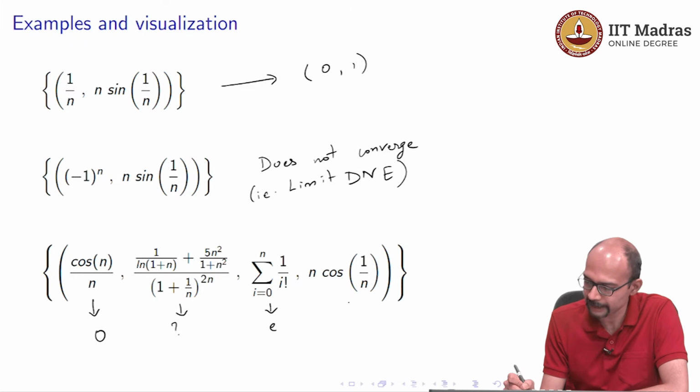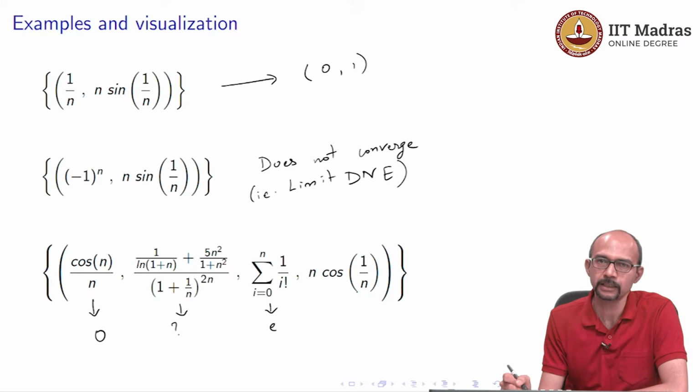What about the fourth one? The fourth one is n times cosine 1 by n, and unfortunately for this we know that as n tends to infinity, 1 by n tends to 0. So, cosine 1 by n tends to cosine of 0, which is 1, but n shoots off to infinity.